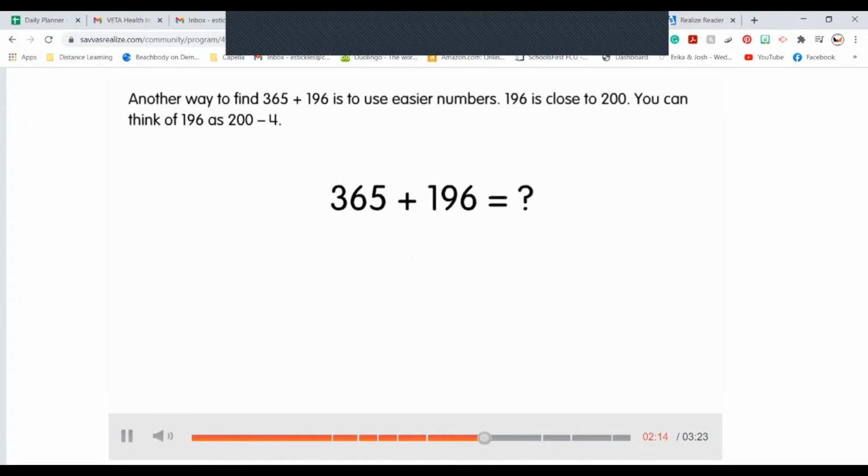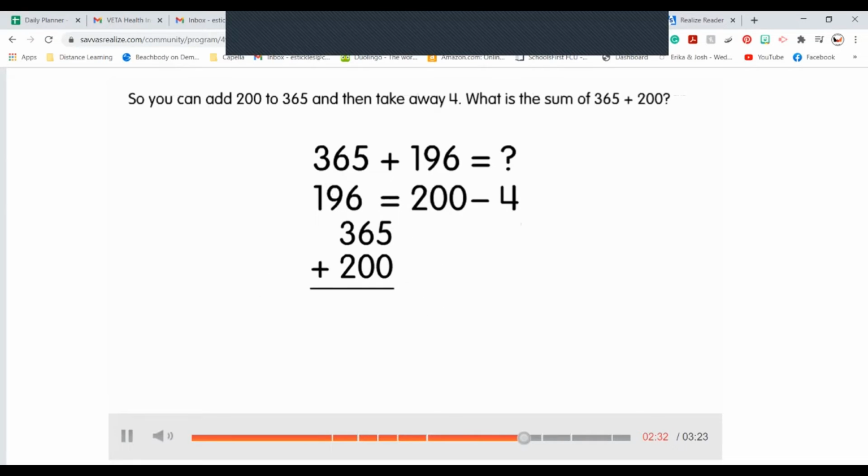Another way to find 365 plus 196 is to use easier numbers. 196 is close to 200. You can think of 196 as 200 minus 4. So you can add 200 to 365 and then take away 4.